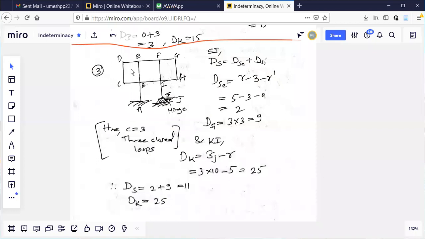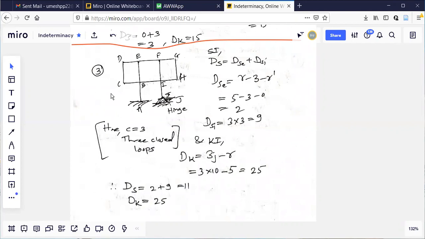This framed structure, yes, can you see? Yes, sir. Now you observe it carefully here. Support A is fixed. The alphabets can be given in any order: A, B, C, D, E, F, G, H, I, J, in clockwise direction, alphabetically the joints are denoted like that.